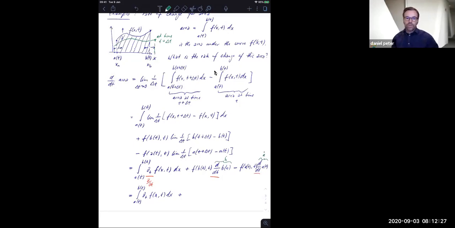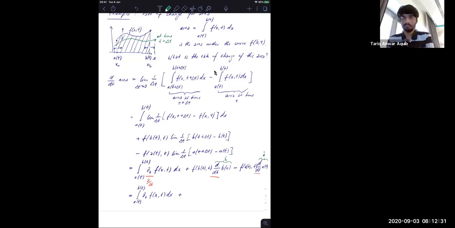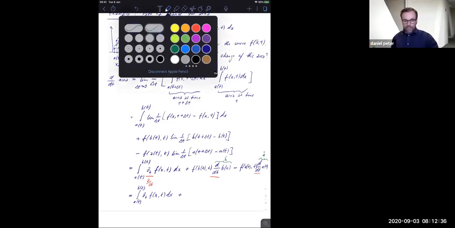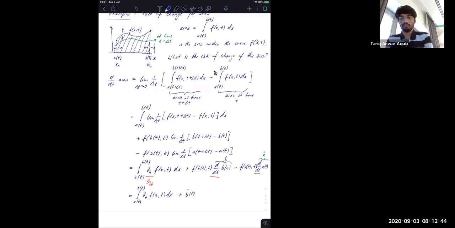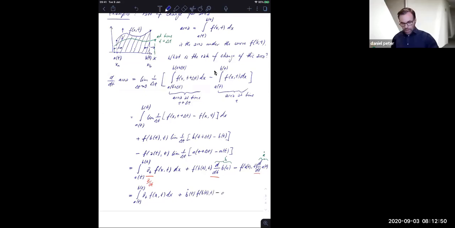The function is only a function of time, its derivative with respect to time. And again, this helps shorten our notation. So then we have B dot times f of B minus A dot times f of A.